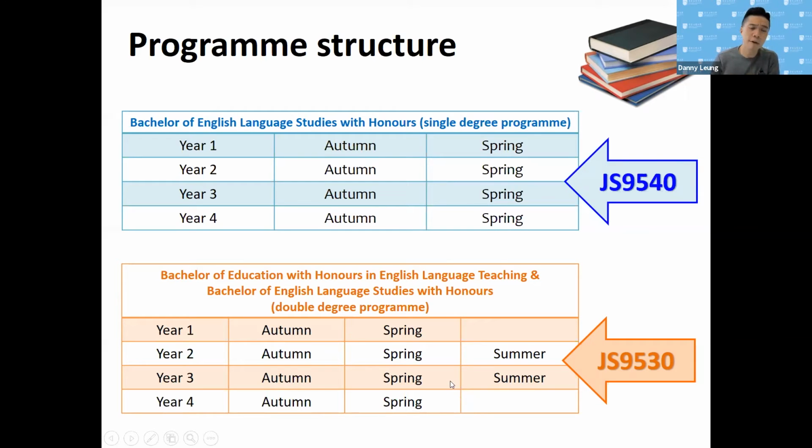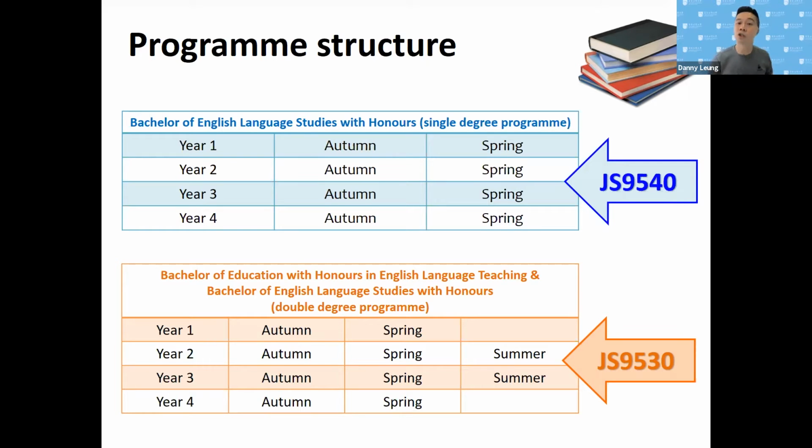We take advantage of your summer terms because we would like you to recognize the merit of this advantage. If you apply for other double degree programs elsewhere from other universities in Hong Kong, normally you have to spend 5 years to finish a double degree program, because it's more credits of courses. It's 1 more major. So it's logical to spend more time to complete a program requiring more credits of courses.